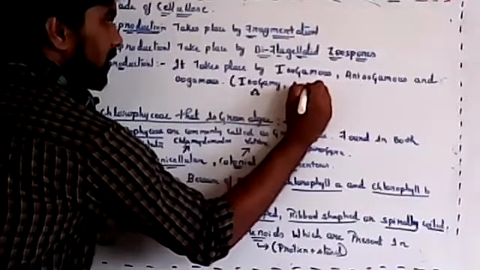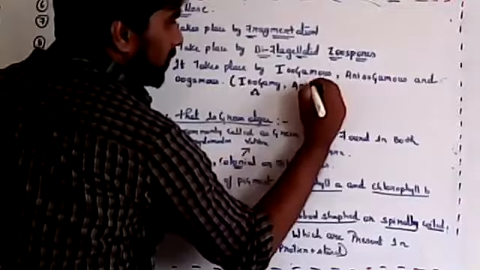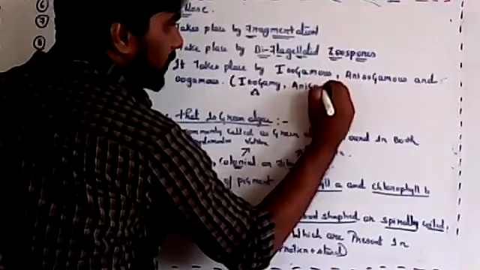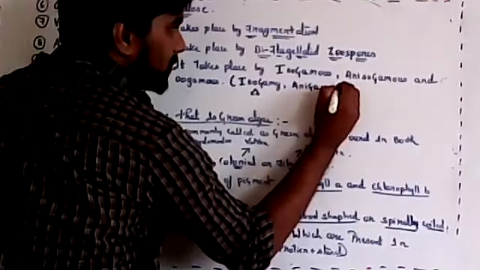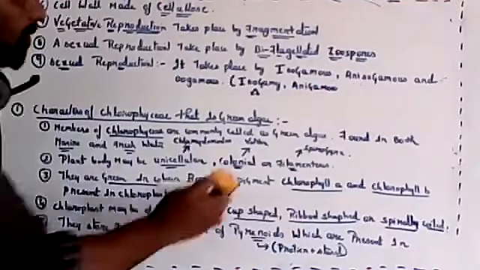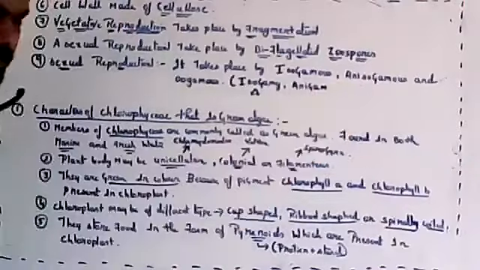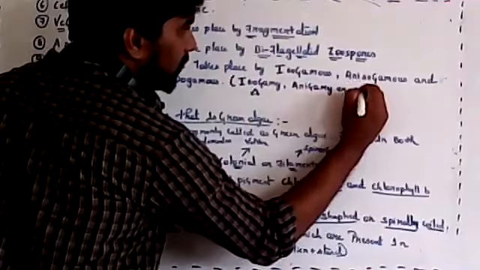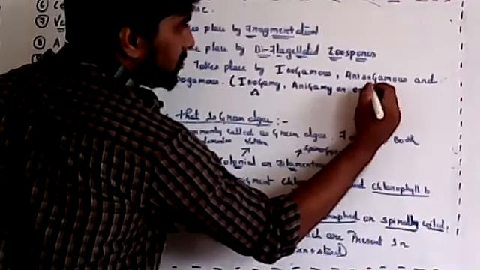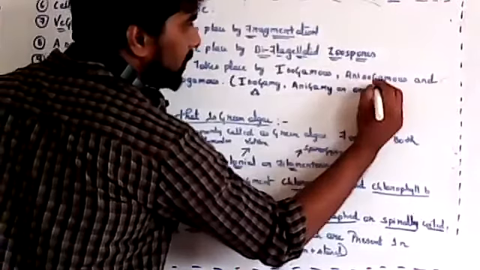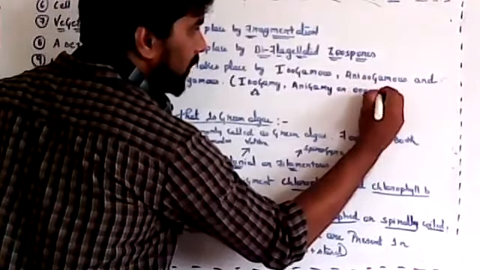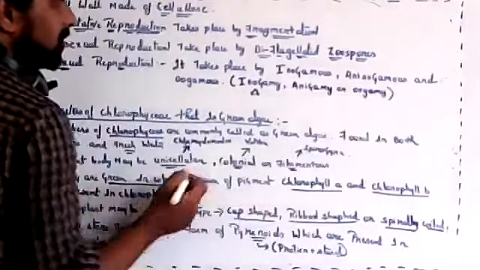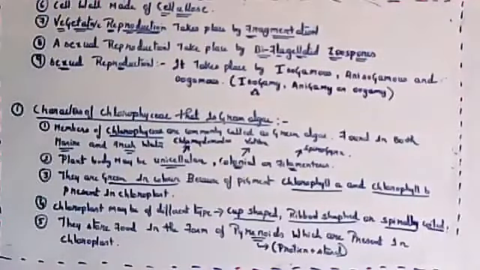Anisogamy is when one is small and one is large, and both are flagellated and motile. In oogamy, one is small and one is large; the smaller one is motile and the larger one is non-motile. So isogamy, anisogamy, or oogamy.